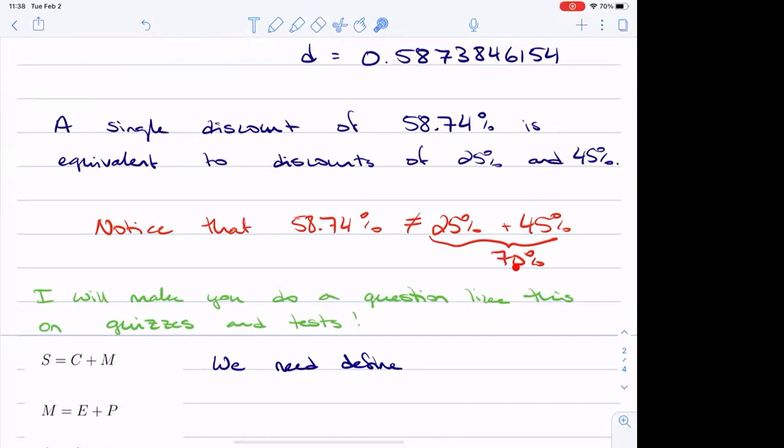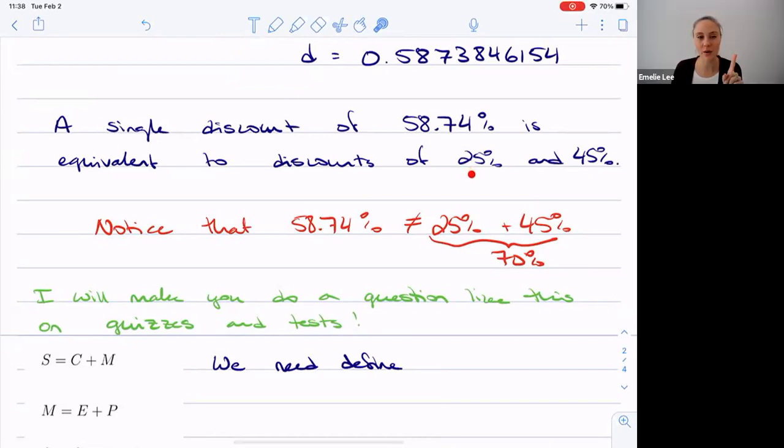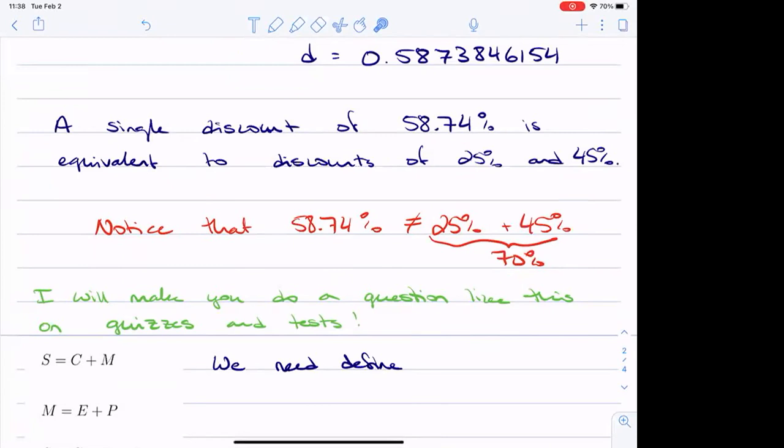Right? Okay. So what we found was, okay, the one discount that's equivalent to 25% and 45% is actually 58.74%, which is not the same as adding the two up. Okay. Does that make sense?